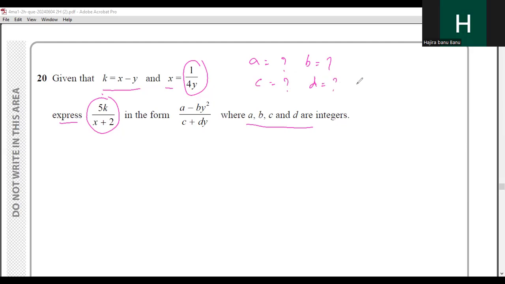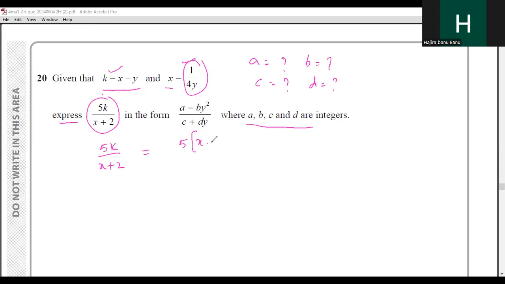So it's a very simple and straightforward problem, though the question looks complicated. It's given 5k divided by x plus 2. We have to substitute the values of k and x in this expression. So what is the value of k? x minus y.